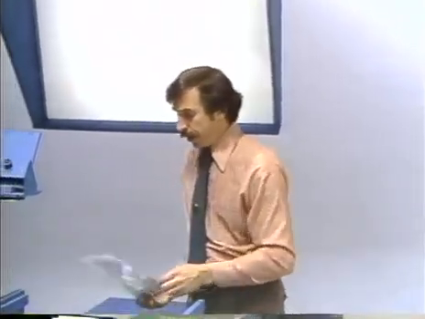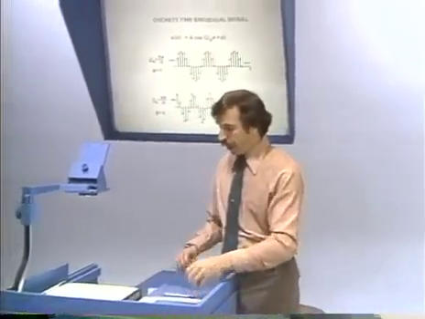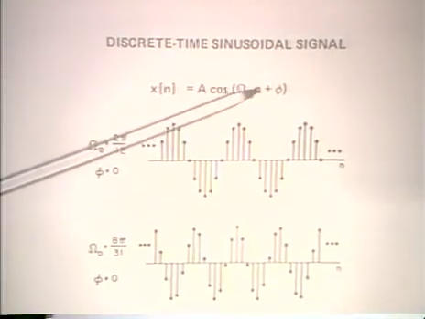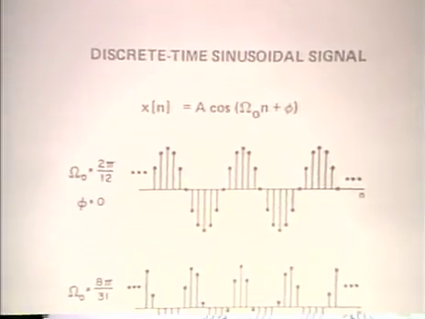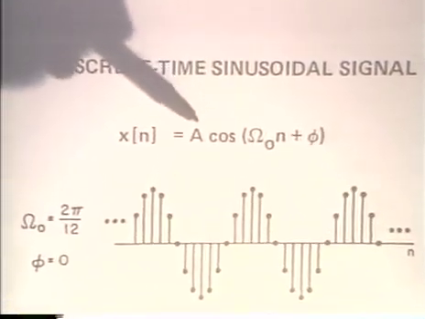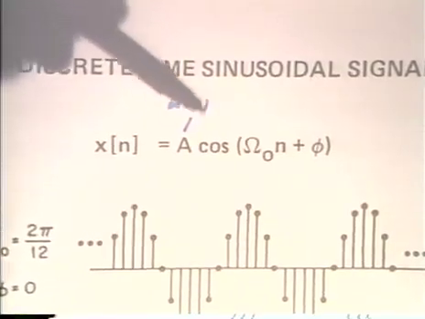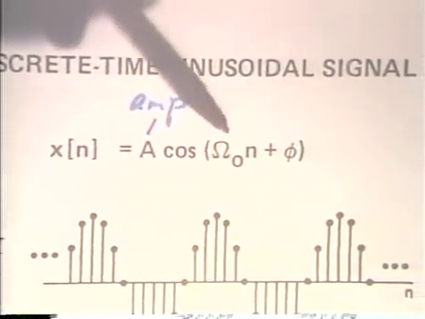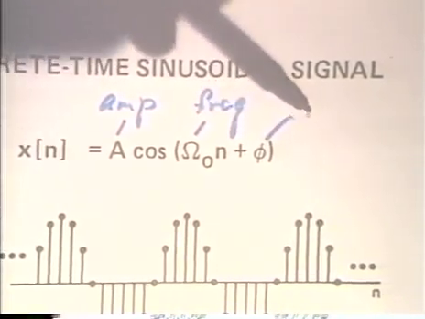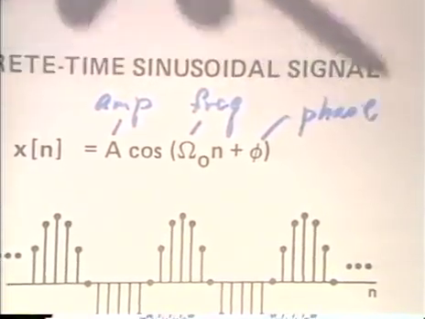A discrete time sinusoidal signal mathematically is, as I've indicated here, A cosine omega 0 n plus phi. And just as in the continuous time case, the parameter A is what we'll refer to as the amplitude, omega 0 as the frequency, and phi as the phase.